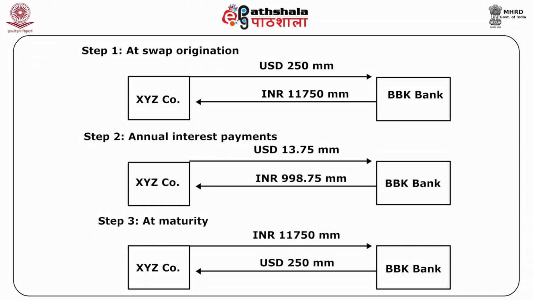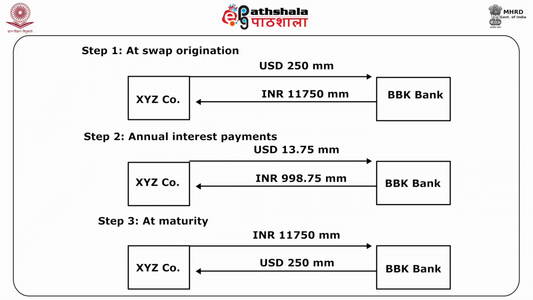The following figure indicates the 3 steps in the swap contract graphically. Hence, due to the swap agreement, the USD interest and principal repayment exposure of the Indian company is shifted to BBK Bank. In other words, the swap helped the Indian company to shift its USD obligation to an INR obligation.